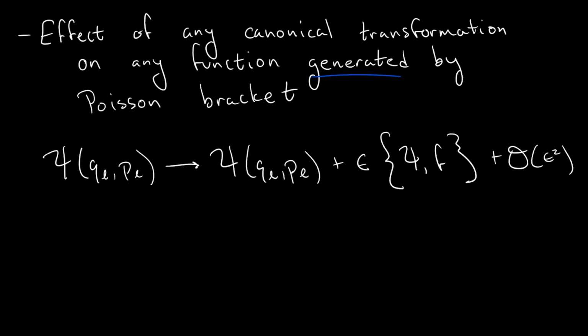This Poisson bracket is what is determining how this function transforms. And so that's why we say that this Poisson bracket, and particularly this function f here, generates the transformation. So this f function we call the generator of the transformation.